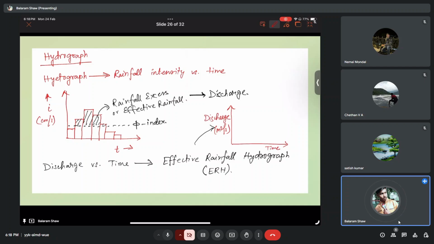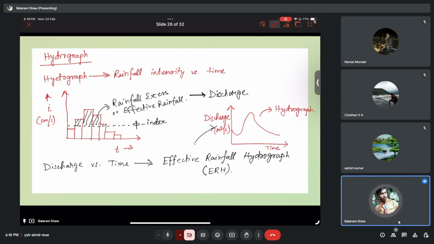It will be something like this. We'll discuss the rising limb, recession limb and all later. Just to know that it looks something like this. So this plot that you can see is the hydrograph.